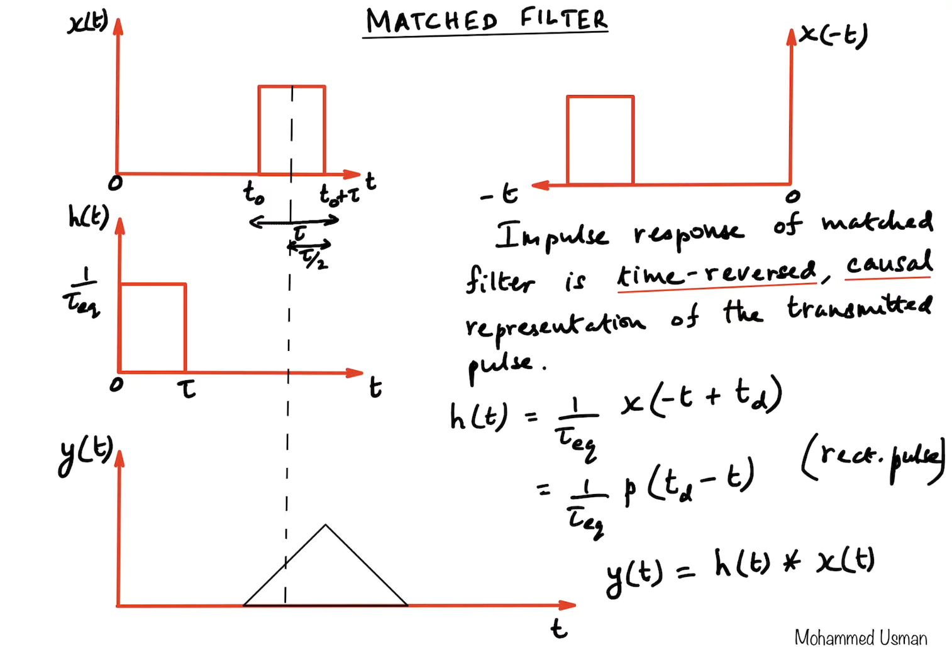So it is convolved with the input signal x of t or p of t. So in general it is the convolution between the impulse response and the input to the matched filter.